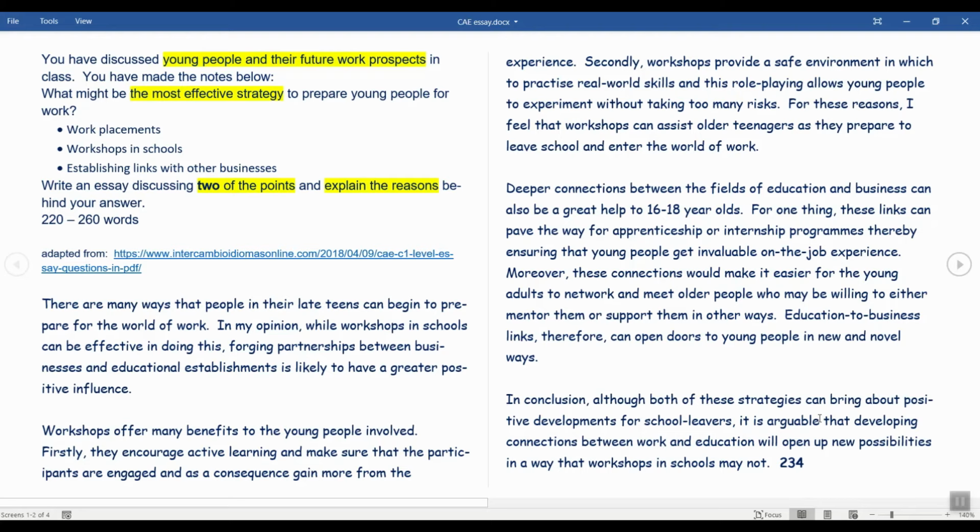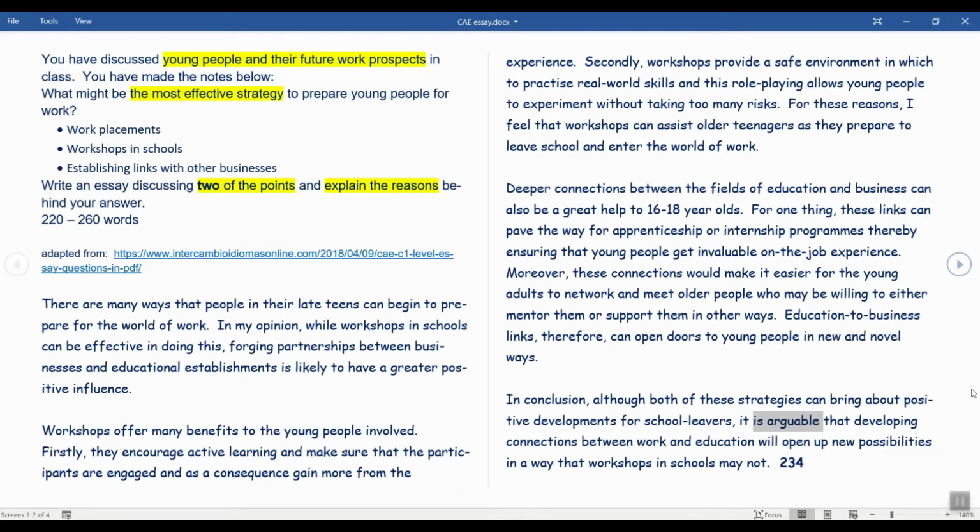I haven't put my opinion in words, but I've used a reporting verb here, and I've basically said that opening up these connections between work and education are better than doing the workshops in schools. So that's how I would plan and write my essay.